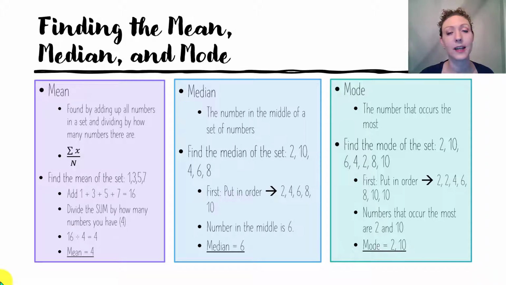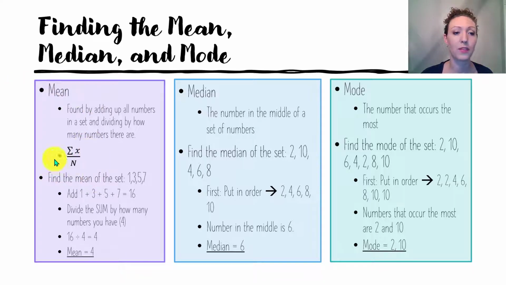All right, next, let's look at finding the mean, median, and mode. So the mean out of the 3 is the most difficult one to find, so let's go ahead and work on that one first. So the mean is found by adding up all of the numbers that you have in a set and then dividing them by how many numbers are actually in that set.